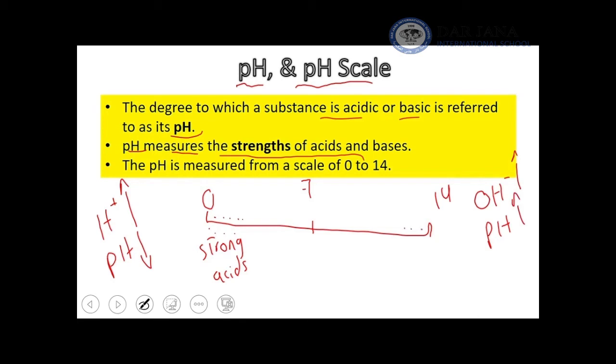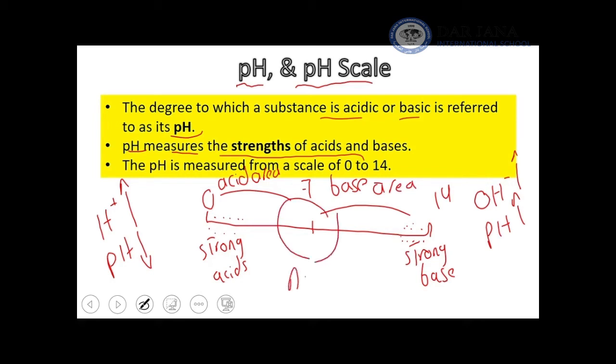So at this area we have strong bases. So this is the acid area, this one is the base area, and in between them is the neutral substances area. Okay, so we have acids, neutral, and bases.